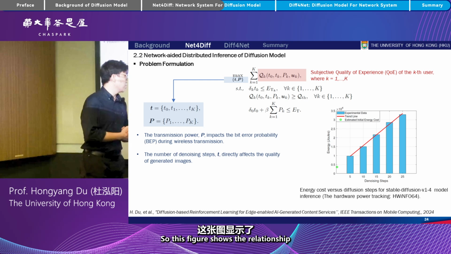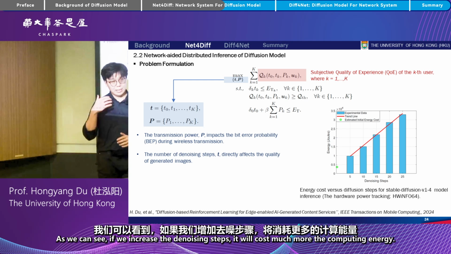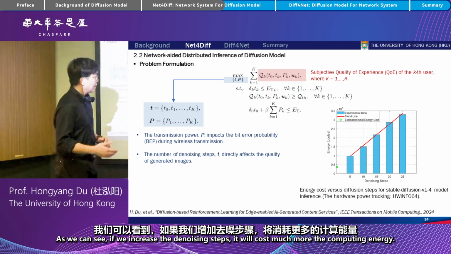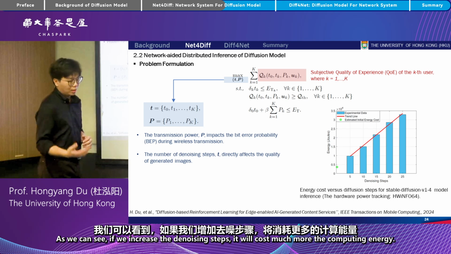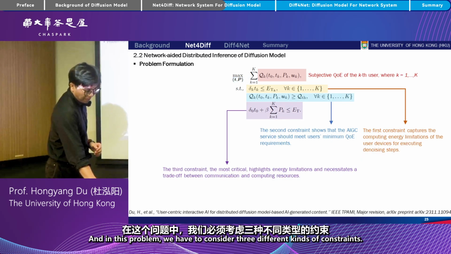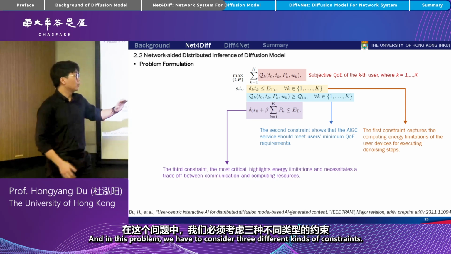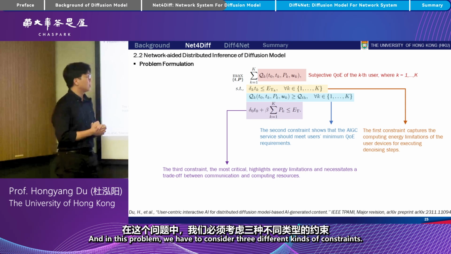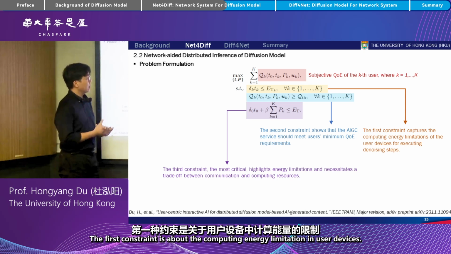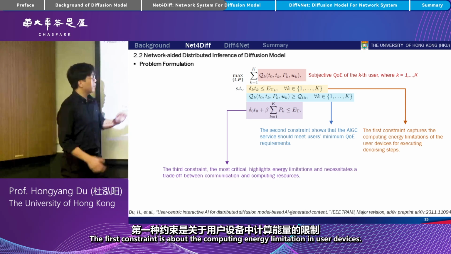So this figure shows the relationship between the denoising steps and the energy cost. As we can see, if we increase the denoising steps, it will cost much more computing energy. And in this problem, we have to consider 3 different kinds of constraints. The first constraint is about the computing energy limitation in user devices.